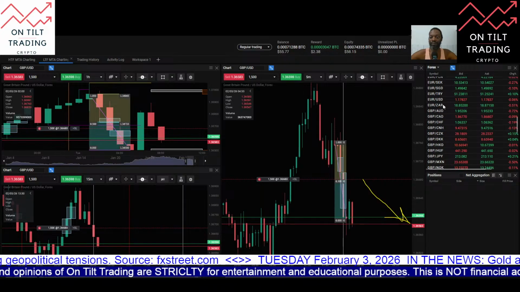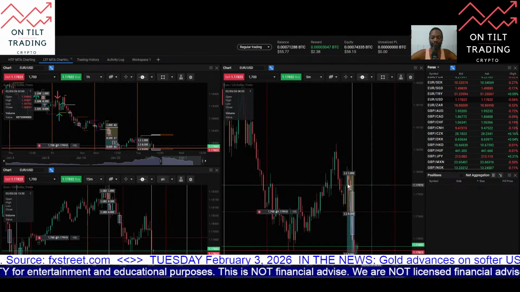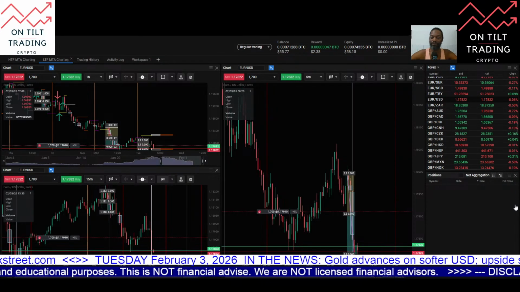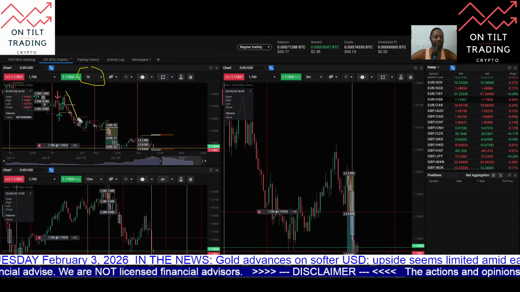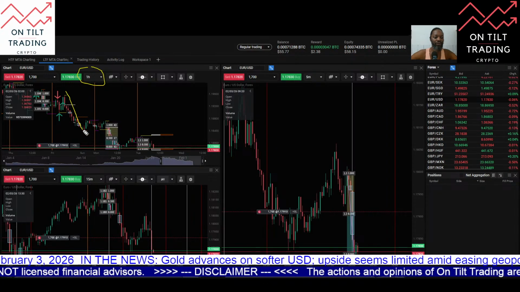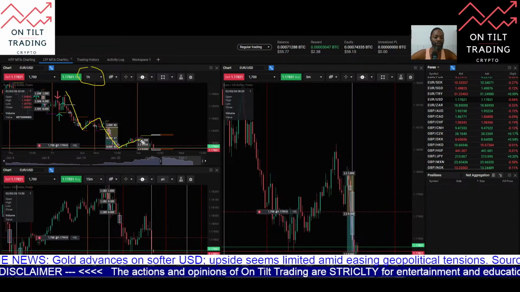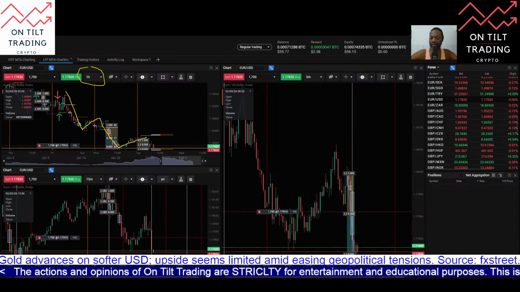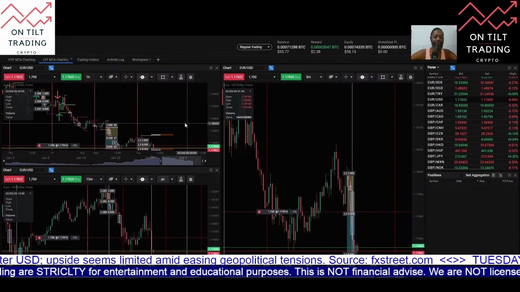And then a very similar setup on Euro USD. Here on the 1 hour chart, you can see price delivering to the sell side, putting in a low, a lower high, a lower low, and then pulling back to this area where it is now, potentially putting in another lower high.